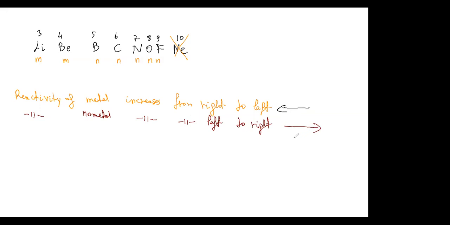Why is this definition for them? Non-metals tendency increases from left to right. Okay, great. Why is that, Danny? Do you have any information? Why does the reactivity of non-metals increase from left to right?